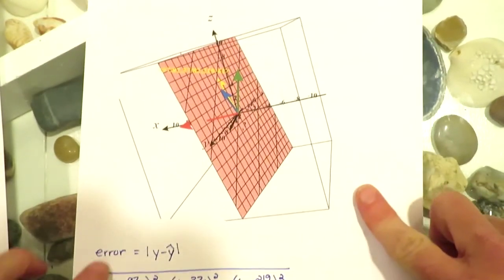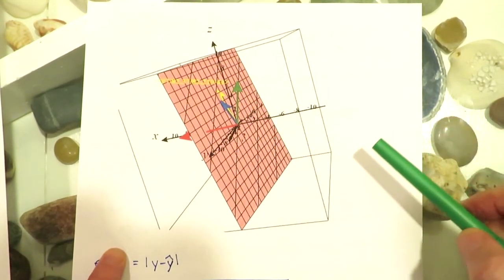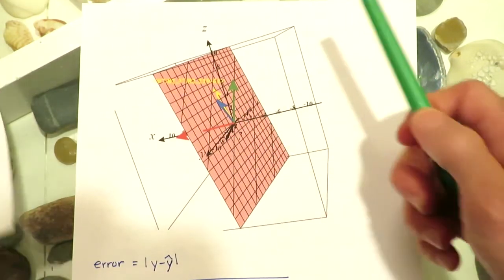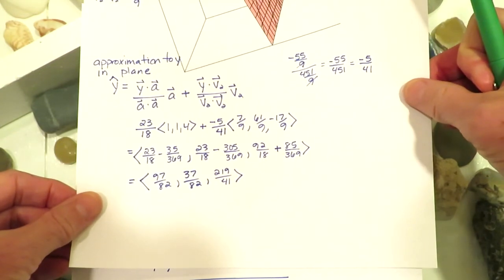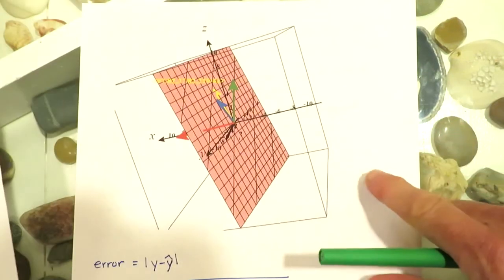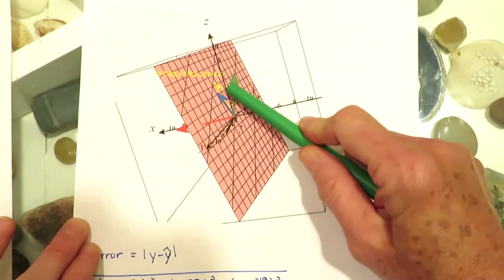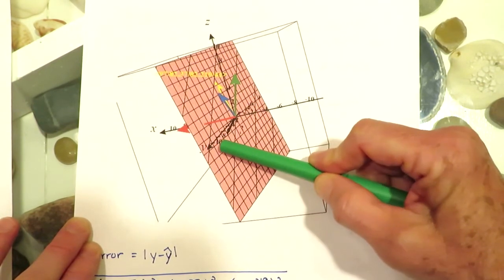If you then want to see that vector, we've plotted that vector, and it's the yellow vector here, and I know the components are not showing up very well, but they are the same components that we found earlier. So 97 over 82, 37 over 82, and 219 over 41 are those numbers. But I was more interested in just showing that that vector does fall in the plane of A and v2.